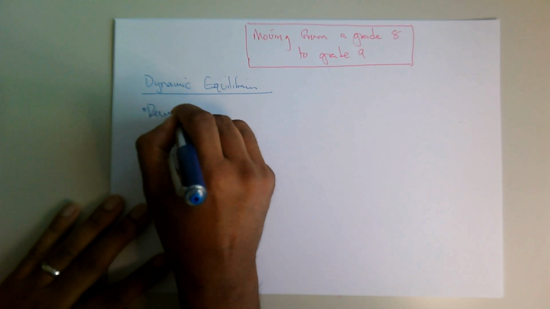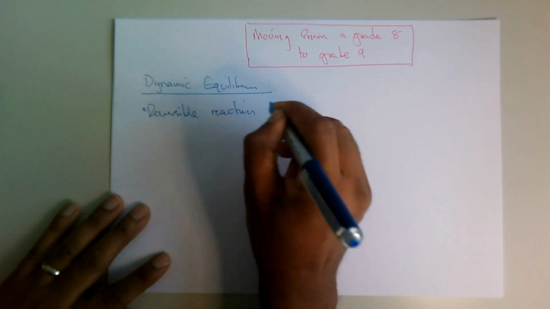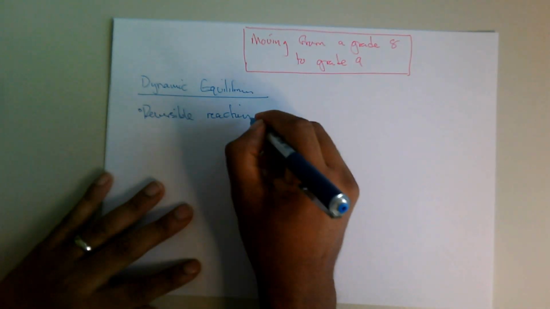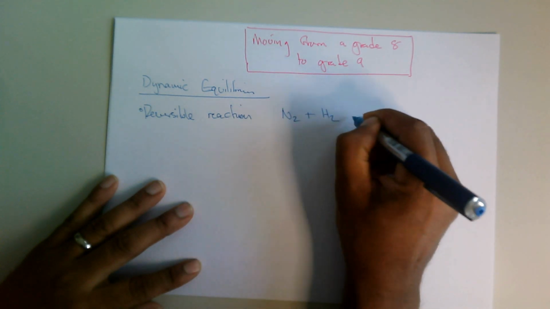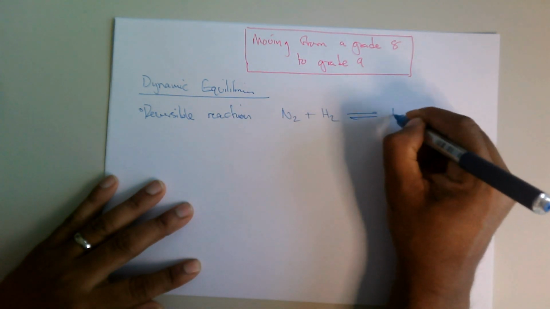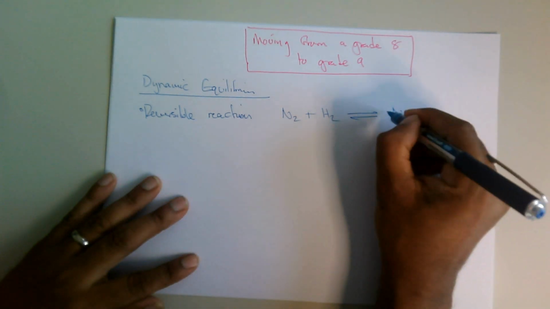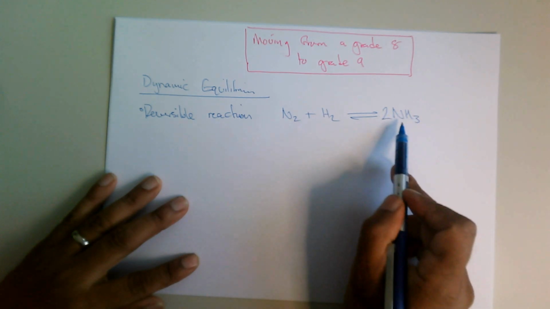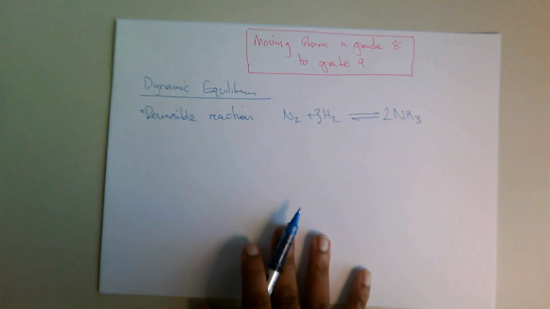So obviously you need to have a reversible reaction. The most common reaction that we tend to see is where you've got nitrogen plus hydrogen that produces ammonia. You should be able to balance that. There's 2 nitrogens there, so 2 nitrogens on this side, 6 hydrogens, so 3 hydrogens on that side. So that's the reversible reaction.